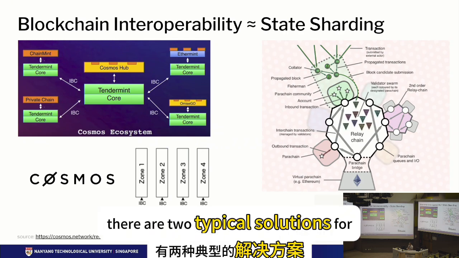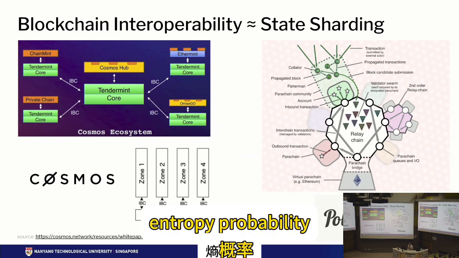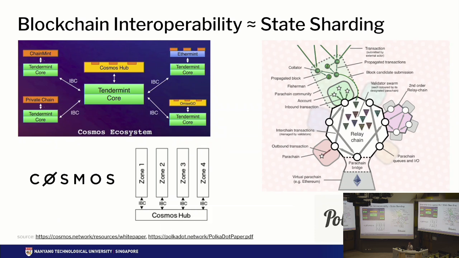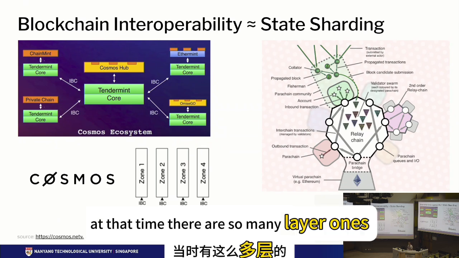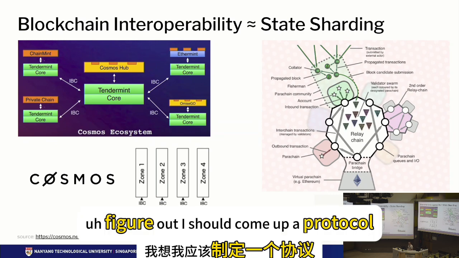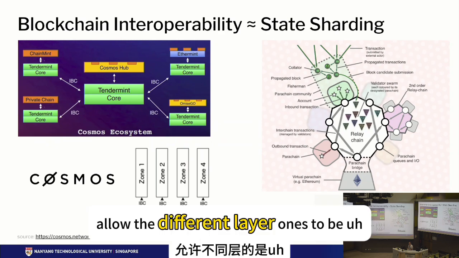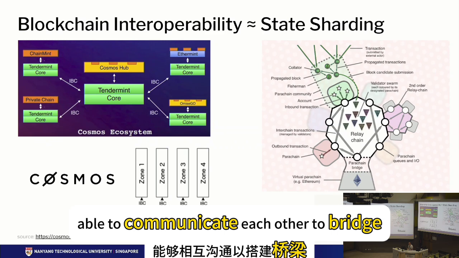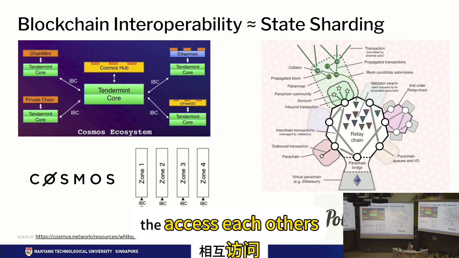Because there are two typical solutions for interoperability from the early days, when there were so many layer ones, and these two companies figured out they should come up with a protocol allowing different layer ones to communicate with each other, to bridge assets between each other.